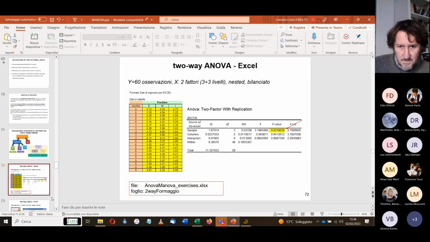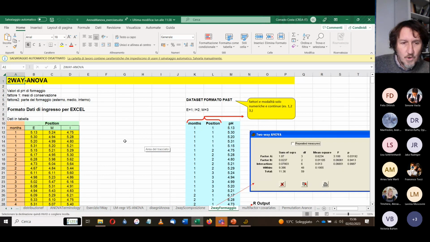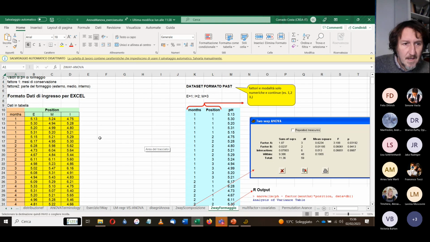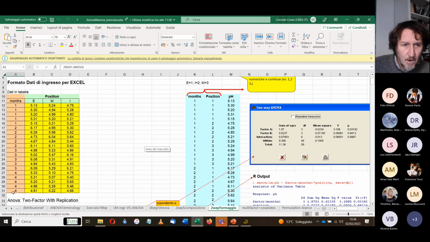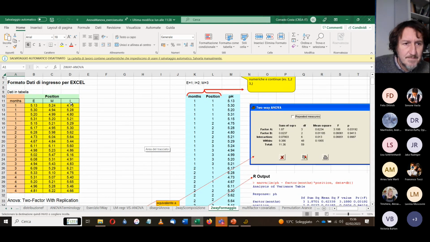So, two-way formaggio here. Here, okay. So in this experiment we have cheese with different months of maturity, 1, 2, 3, 4 months, and the pH of the cheese is measured in the external, mean, and internal part of each cheese form.